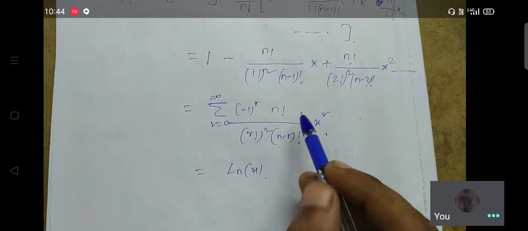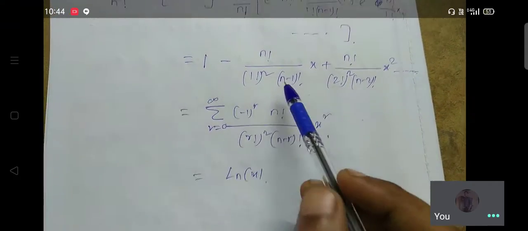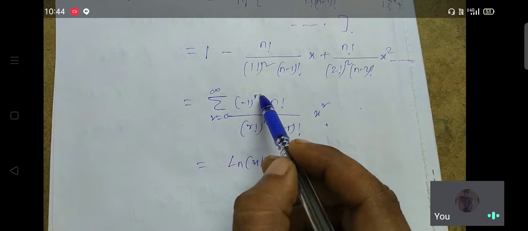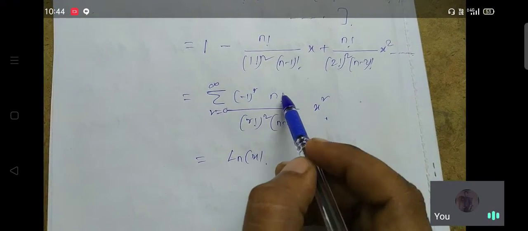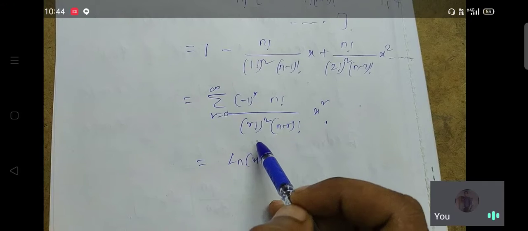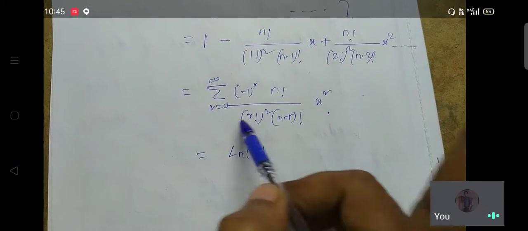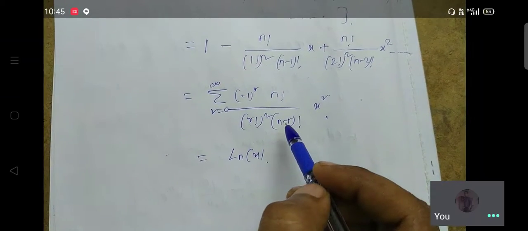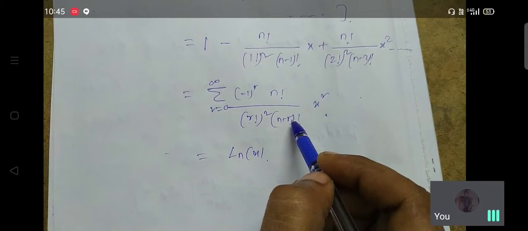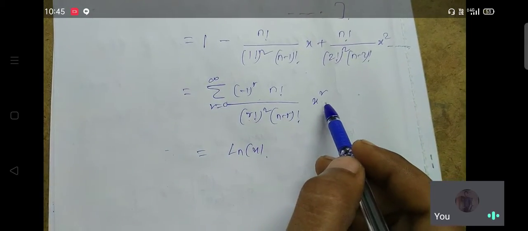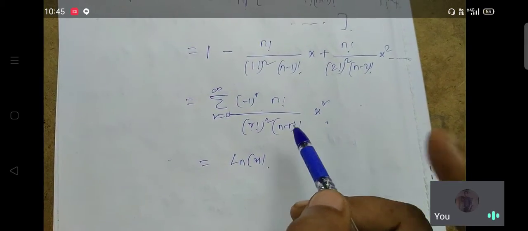Okay. So if you see this, if you put r equal to 0, minus 1 power 0 is equal to 1, n factorial divided by r factorial, 0 factorial means 1. n minus 0 factorial means n factorial, the n factorial will cancel out, x power 0 means 1.